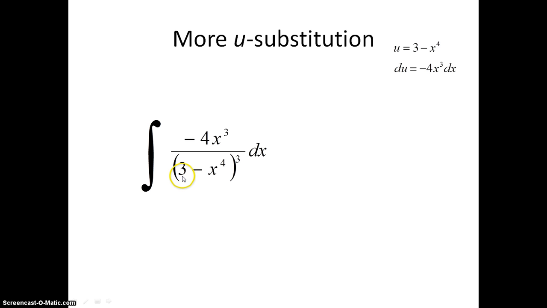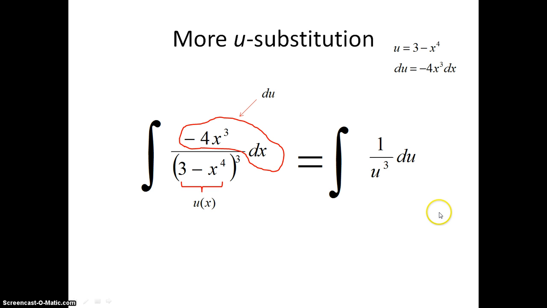So if we take the difference, 3 minus x to the 4th, and substitute u for that quartic, then the differential du will be the derivative of the right-hand side times dx. And look at here. We've got u of x in the bottom, u prime up top, and then this product, negative 4x cubed dx, gets wrapped up into du. And then our quotient simply becomes 1 over u cubed du.